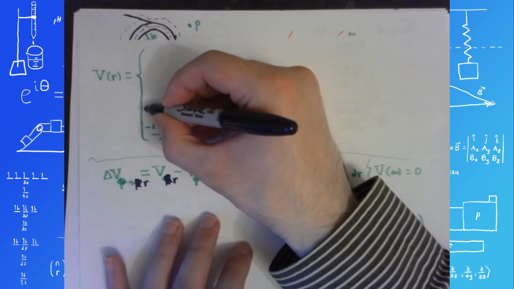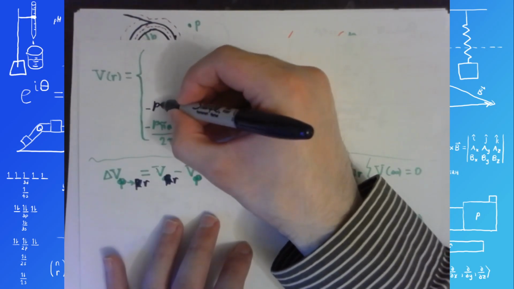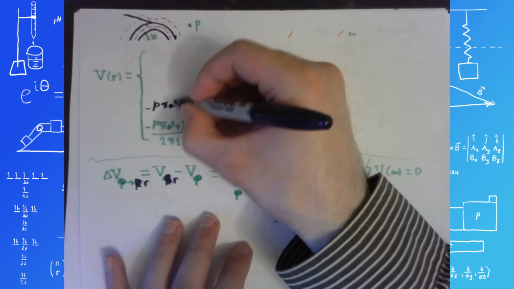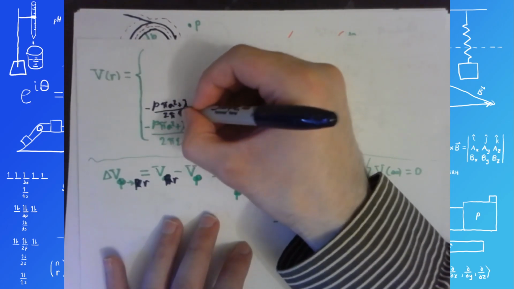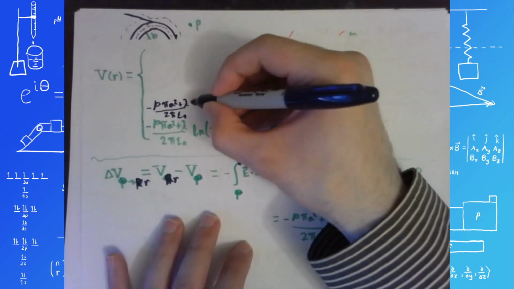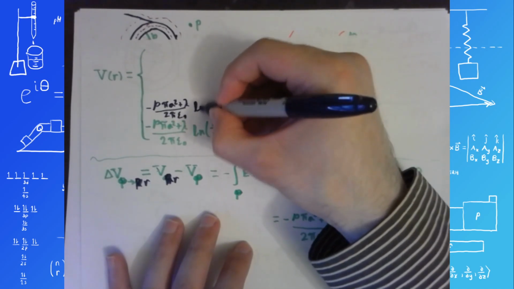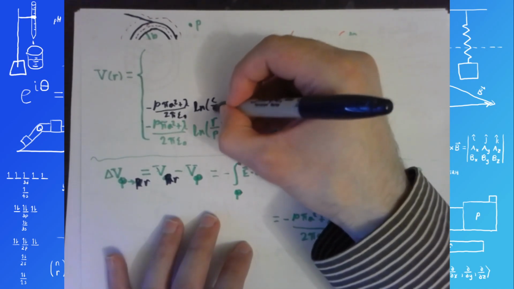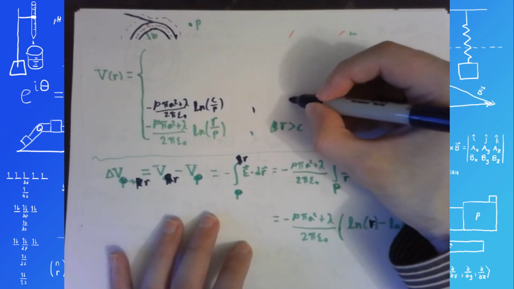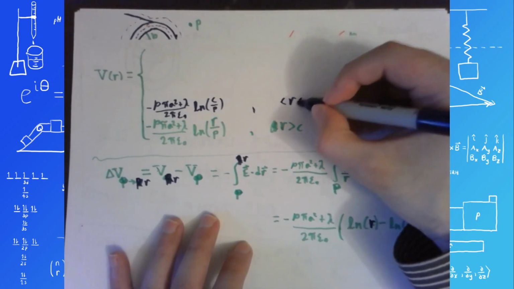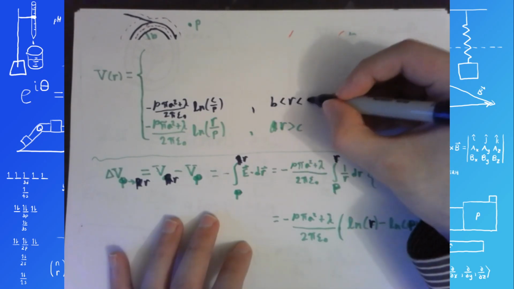So that's just going to be negative rho pi a squared plus lambda over 2 pi epsilon naught times ln of C over P, constant for R between B and C.